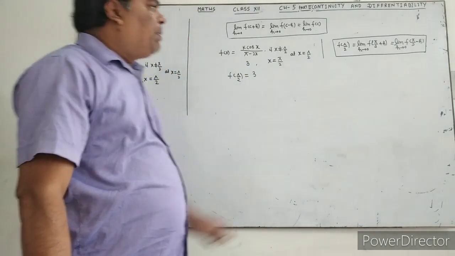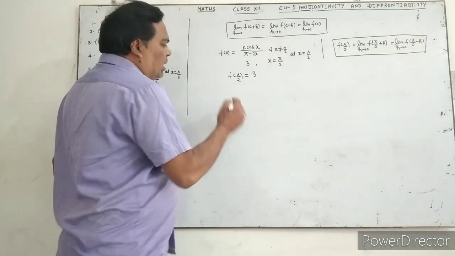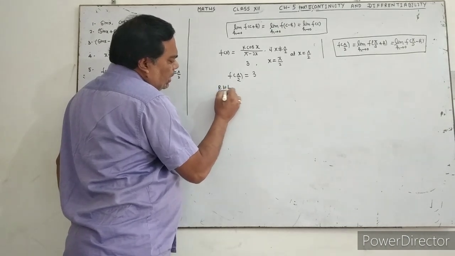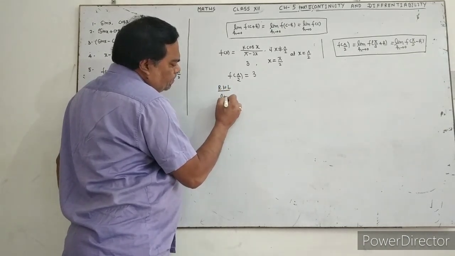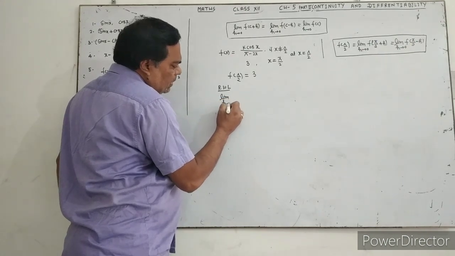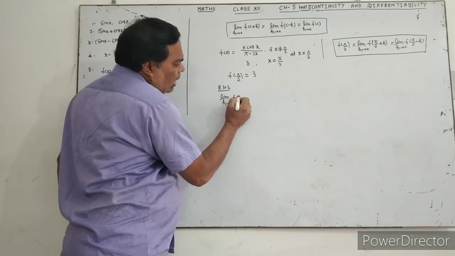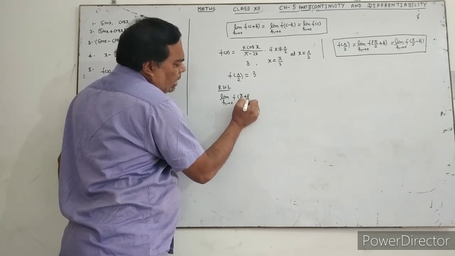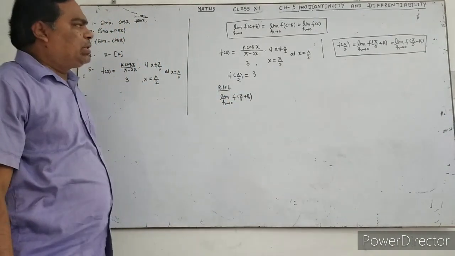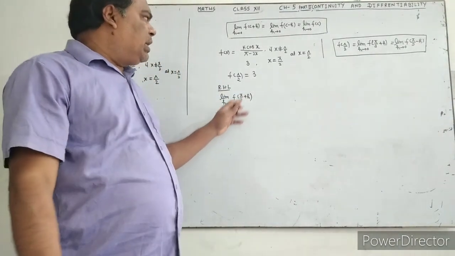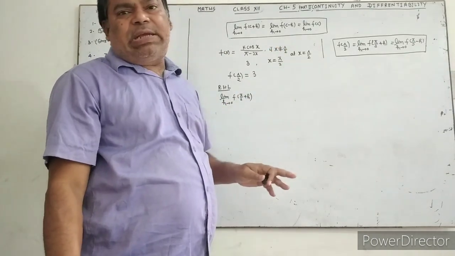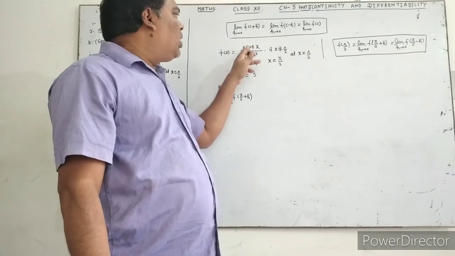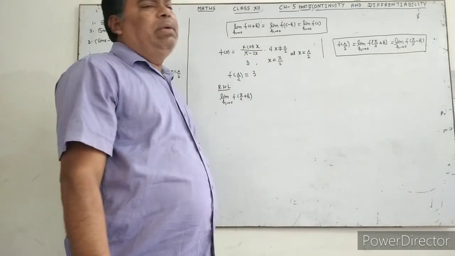Now the right hand limit, pi/2 plus h: the limit as h tends to 0 of f(pi/2 plus h). Pi/2 plus h means the function at a point except pi/2. Then except pi/2, what is the value? It is k cos x divided by pi minus 2x.